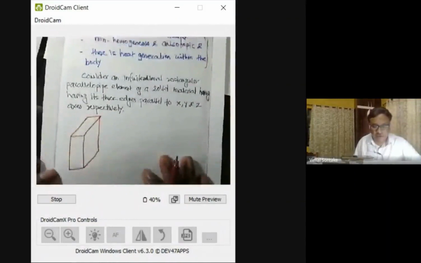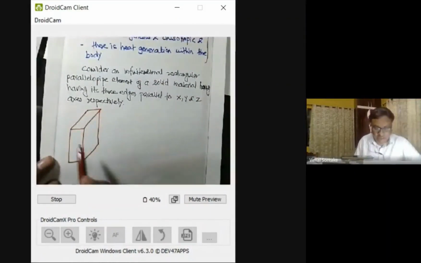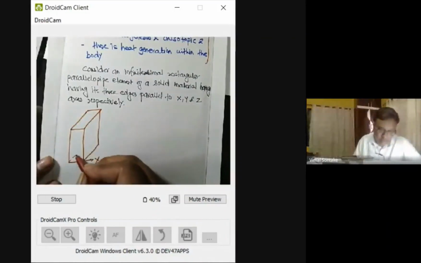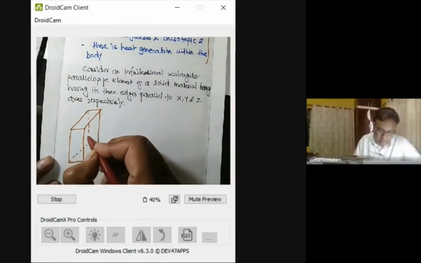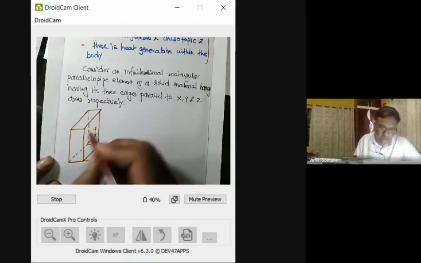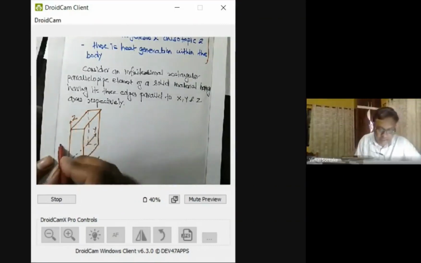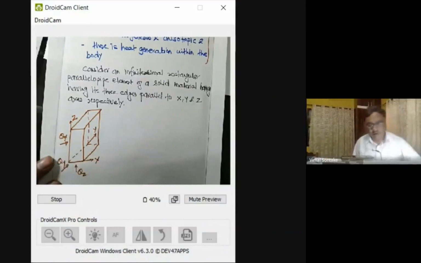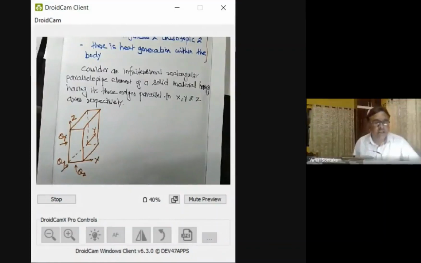That is, in this wall, heat transfer is taking place in all three directions, x, y, and z directions. The heat transfer rate is not constant with respect to time, so unsteady state heat transfer is there.